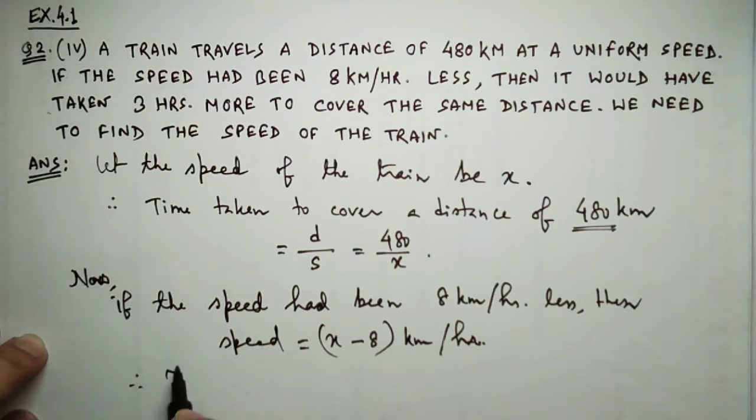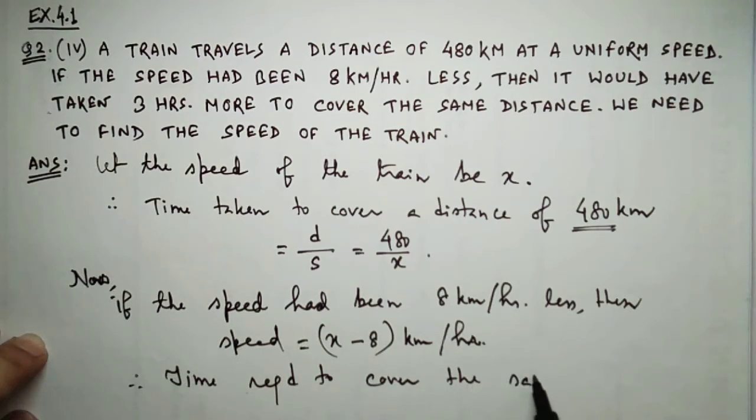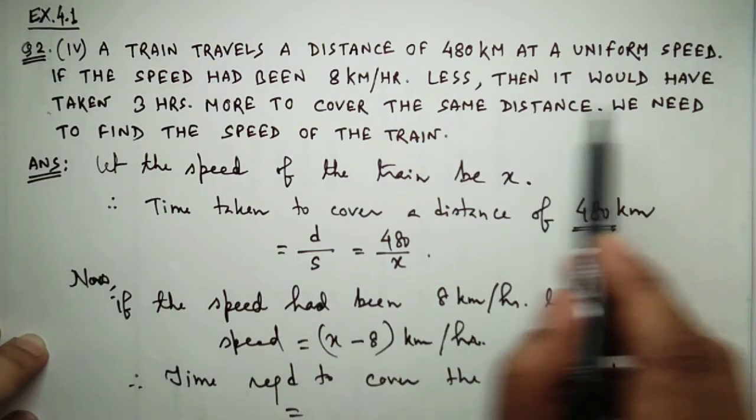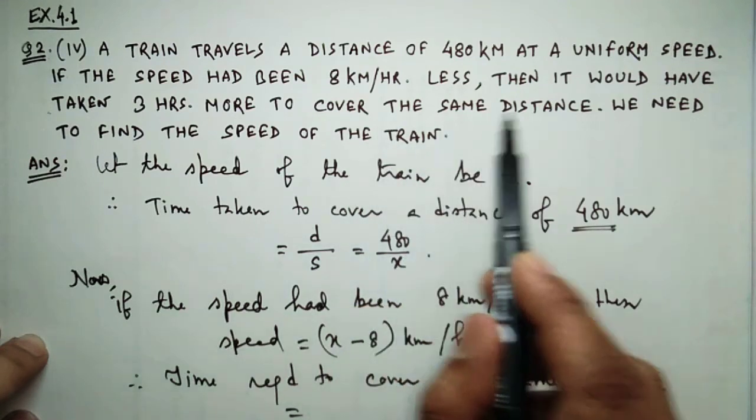Therefore, the time required to cover the same distance, because it is already mentioned in the question that it would have taken 3 hours more to cover the same distance.